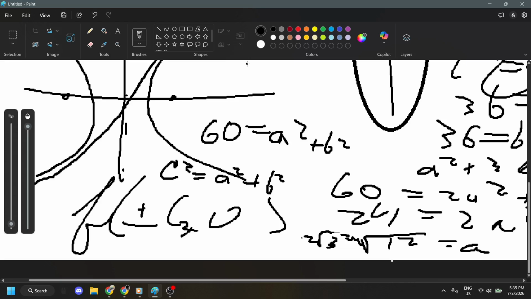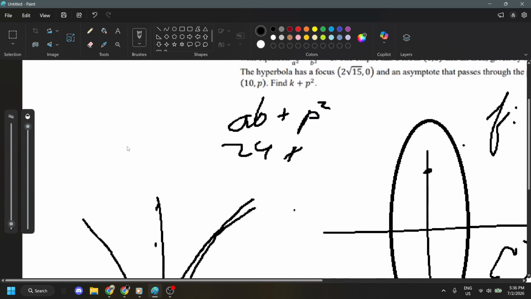Now we just need to find the slope of the asymptote. I'm also looking this up. If it opens left and right, then it's just b over a, plus or minus b over a.